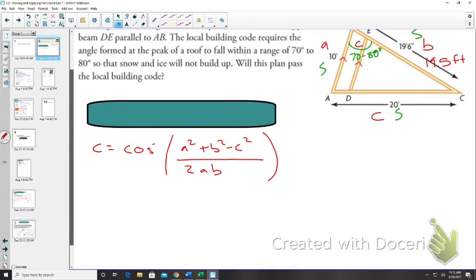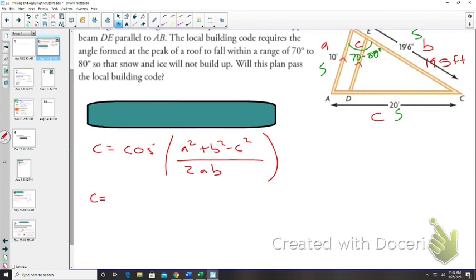So let's put this stuff in. C is equal to cos inverse, and again, be careful with our brackets. Make sure you have one for the numerator: 10 squared plus 19.5 squared minus 20 squared.